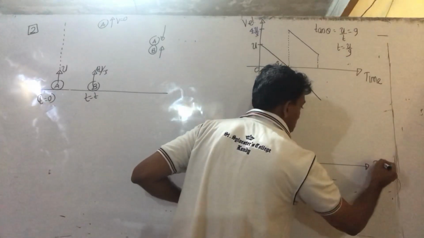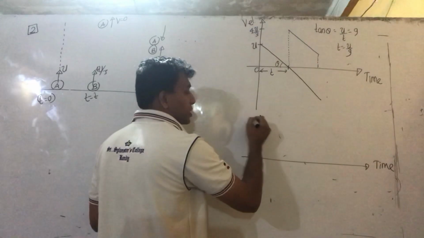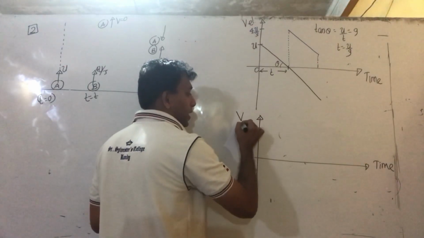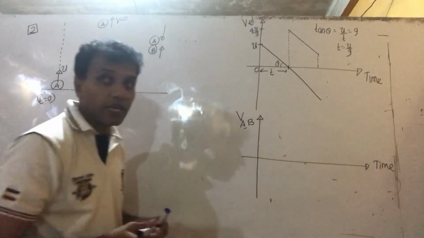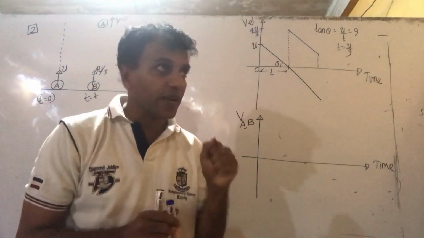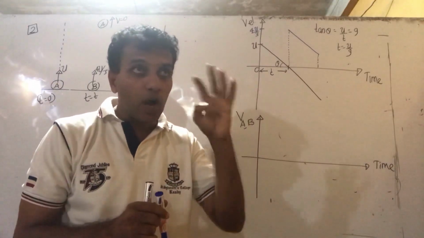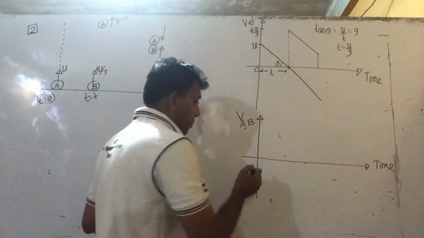Time is the same, time is constant. Here we need the velocity of A relative to B, right? Relative to B means B is at rest, and we observe how A moves, how its path looks. So we'll complete that diagram.